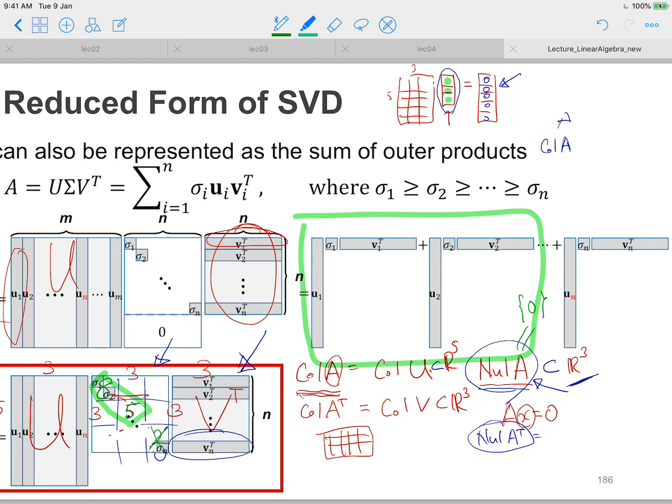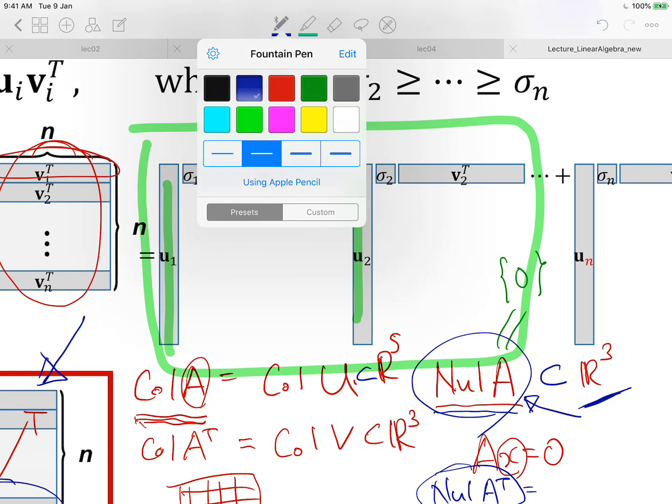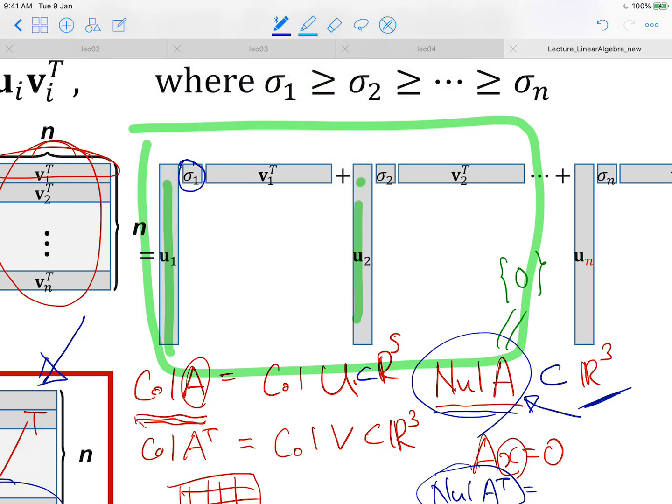And then why is it having a rank of 2? We have these 2 orthonormal columns, right? Let's merge this scalar into these row vectors of V1 transpose and V2 transpose.